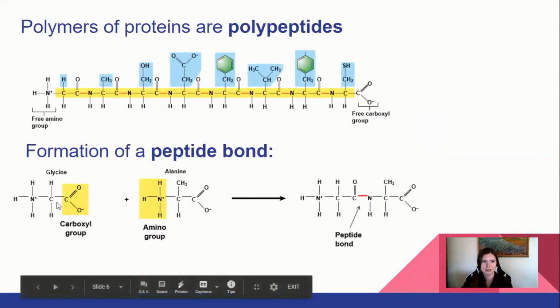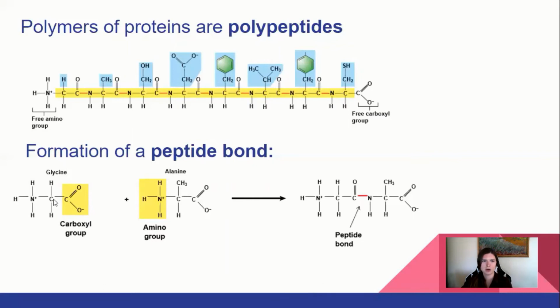Because each of these amino acids has this amino group, and we're linking the carbon of the carboxyl group to the nitrogen in that amino group, if you look down a chain of a polypeptide, if you don't look carefully, you might think it's just carbon, carbon, carbon. So you might get confused.